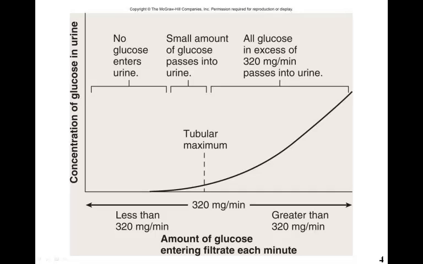Okay? And you can kind of already imagine that that's actually a useful thing, right? So if you have high levels of something in the blood, you will clear it faster, so you excrete it more. And if you have lower levels, you clear it more slowly. And this is actually an important way to regulate the levels of many things in our blood. We'll come back to that.